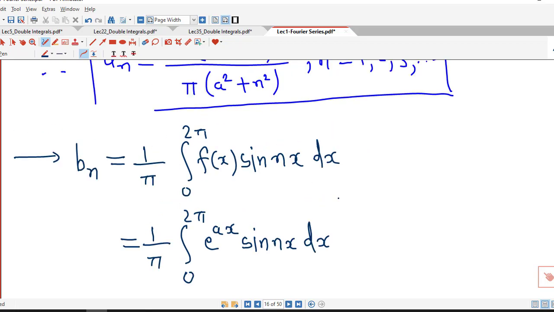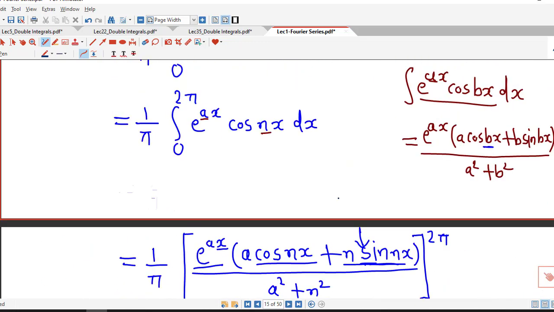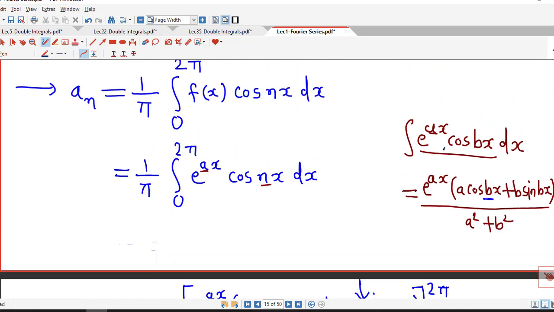For this also we have this type of formula. In this formula, if we have sin bx, then we interchange the role of sine and cosine, and there will be a negative sign between these two terms.